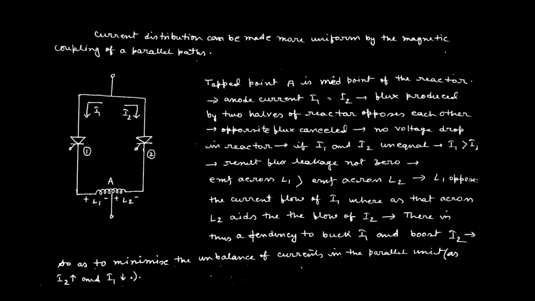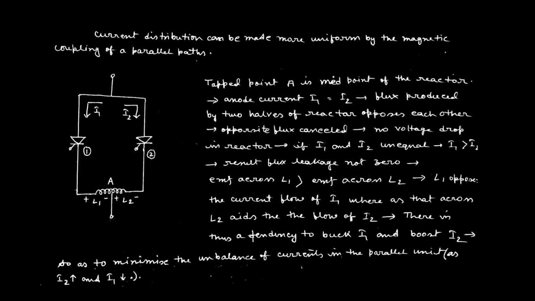If I1 and I2 are unequal under any disturbance condition, then what happens? Assume I1 is greater than I2. Then the resultant flux leakage is not zero. Previously, when I1 and I2 were the same magnitude, the inductive effects of L1 and L2 were the same.